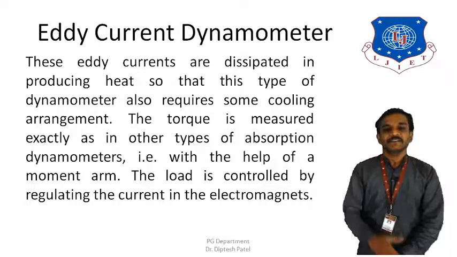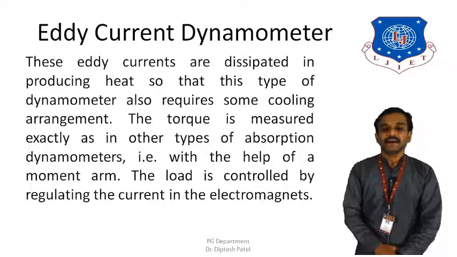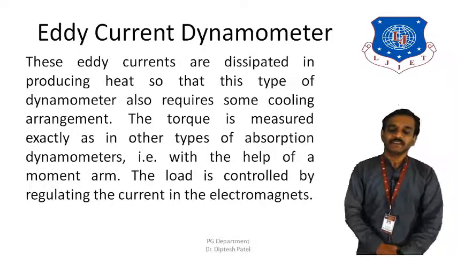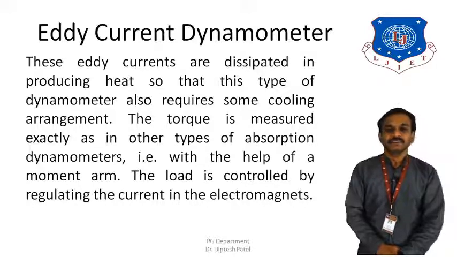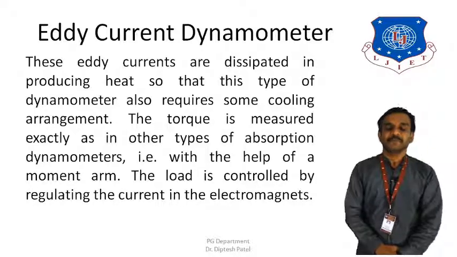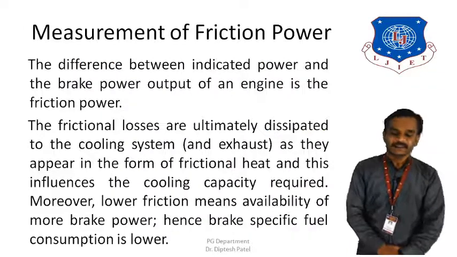So here we can measure the torque using the same principle, and it can be obtained directly with the help of either an analog gauge or a digital output. You don't need to calculate the horsepower manually, as it can be measured with the help of the gauge. So this is what the eddy current dynamometer is.